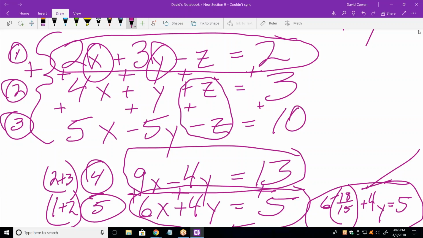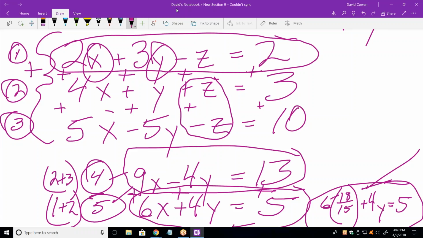But you have to do it in a very, very methodical way. You have to create these 2 equations, 4 and 5, both missing the same variable. In other words, I can't eliminate z to get equation 4 and then eliminate y to get equation 5. If I eliminate z in the first to get equation 4, I've got to make sure I eliminate z to get equation 5.